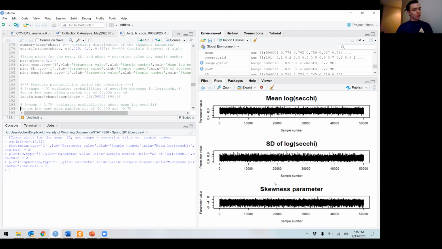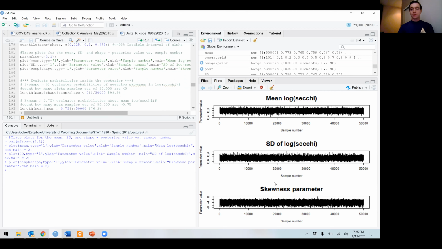And I'm trying to drive the point home that you can evaluate probabilistic statements about your mean, standard deviation, and skewness parameter. So, for example, I can find the probability that my data was actually positively skewed, so the probability that my shape parameter is greater than 0.